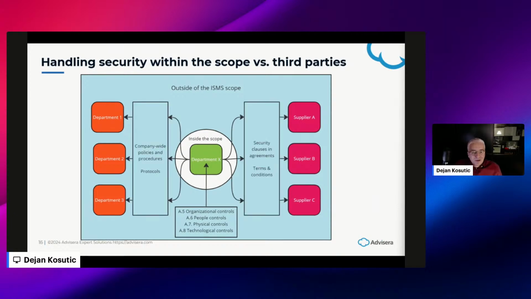Now, when it comes to outside users, outside services that are outside of the scope, you actually have to regulate your relationship with them. For example, if you have this supplier, the accounting service, on the right-hand side in this diagram, you actually have to specify security clauses in the agreement with this accounting service, which you want this service provider to comply with.